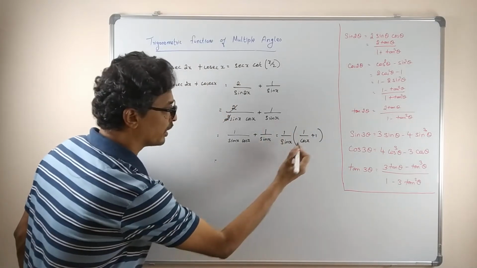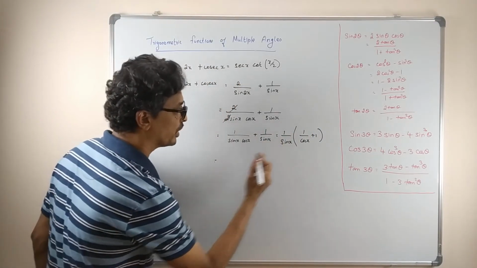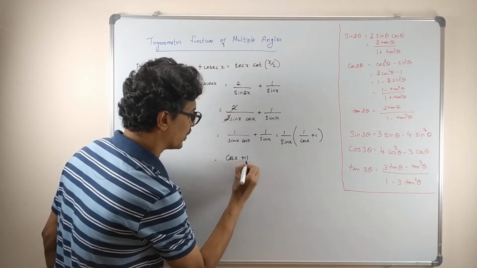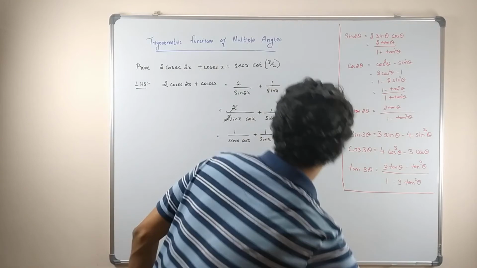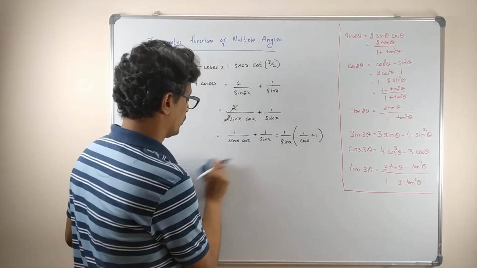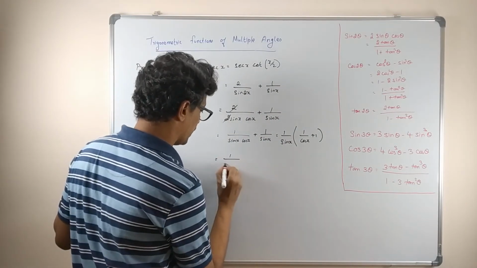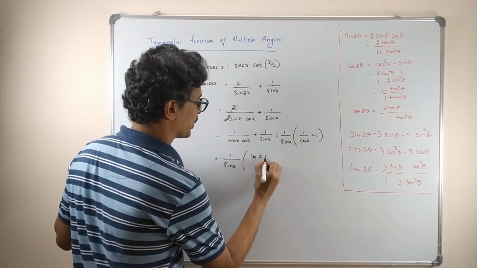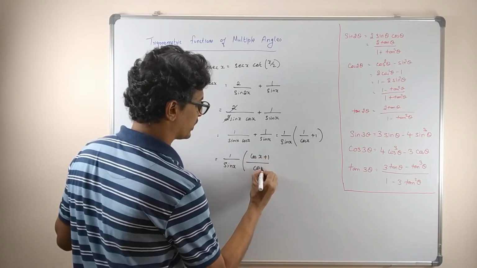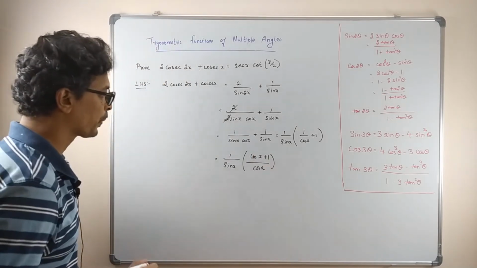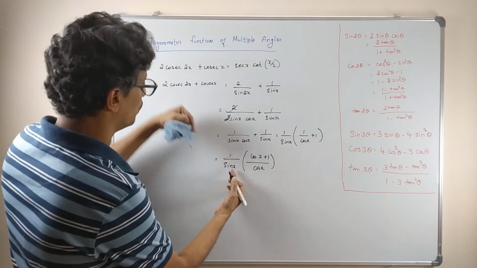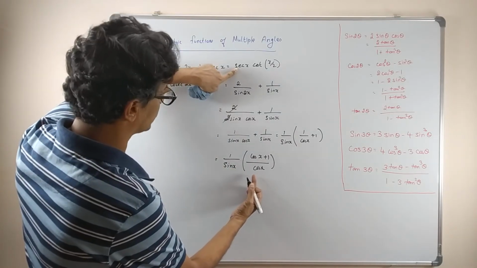So let me take cos x common. So we have 1 by sin x times cos x plus 1 divided by cos x. Now we got one value, sec x, right?